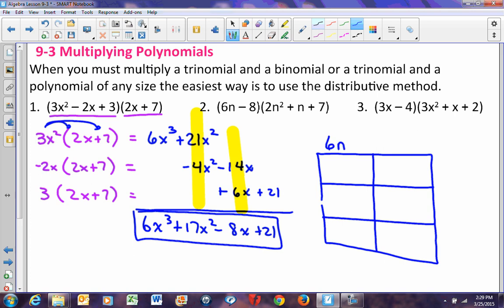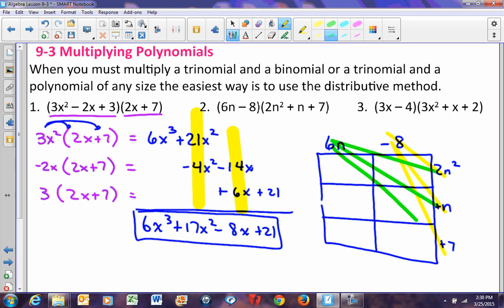This is 6n, this is negative 8, this is 2n squared, this is n, and this is 7. And I'm just going to multiply. Okay, what you're going to do is you're going to multiply this times this, and this times this, and this times that. Then you're going to multiply this times this, and this times that.